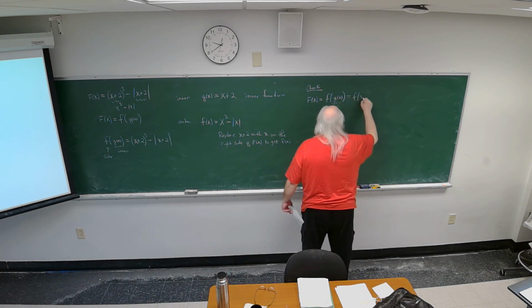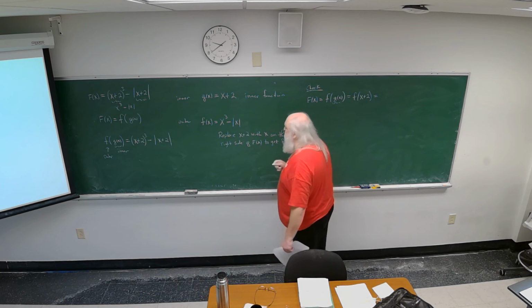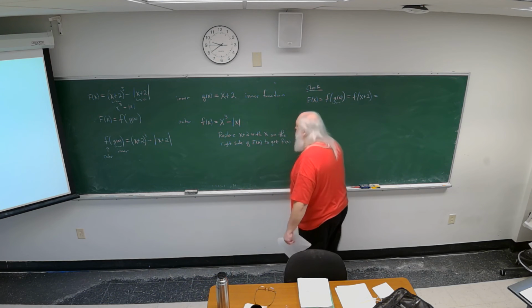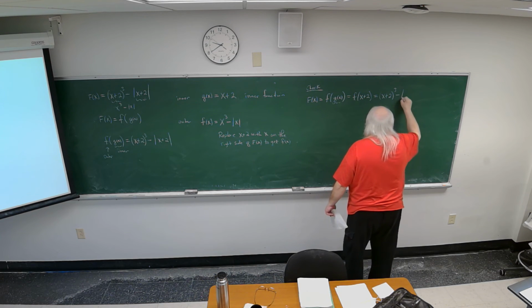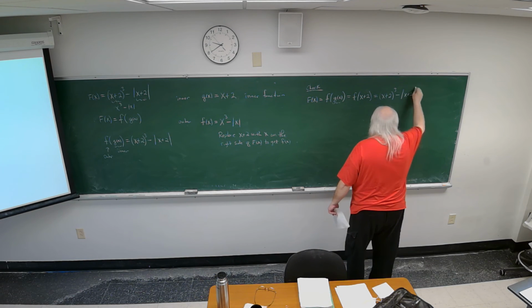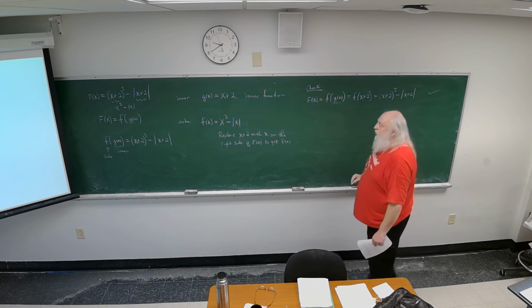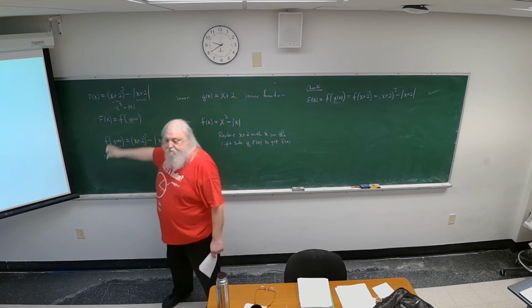This is equal to f of x plus 2. And now to evaluate f of x plus 2, I replace x on the right-hand side of f of x with x plus 2, and I have (x plus 2) cubed minus the absolute value of x plus 2. And that matches big F of x over here.